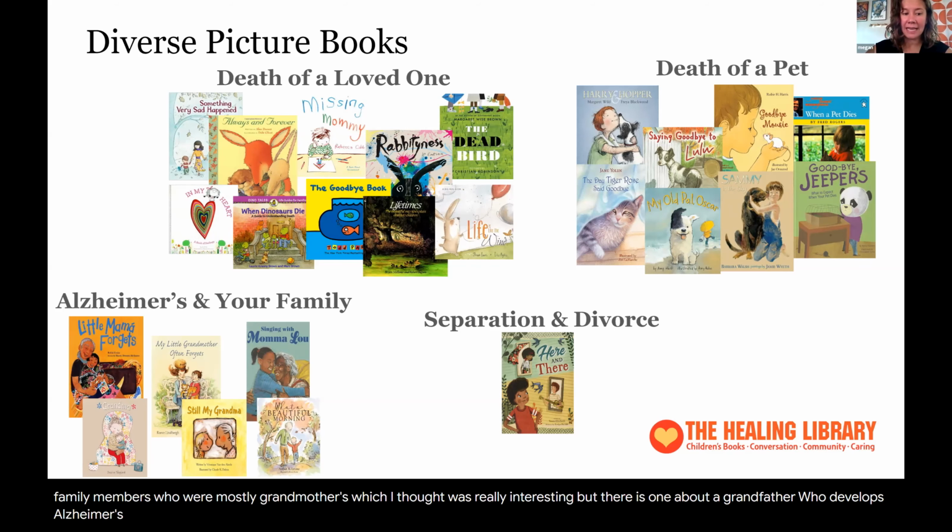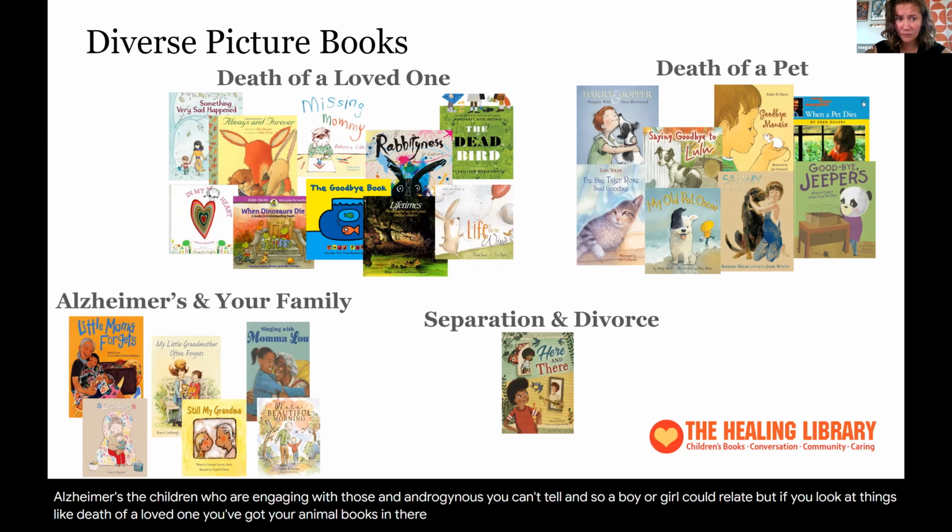The children who are engaging with those people are either so young and androgynous you can't tell, and so a boy or girl could relate. But if you look at things like Death of a Loved One, you've got your animal books in there. You've got When Dinosaurs Die.